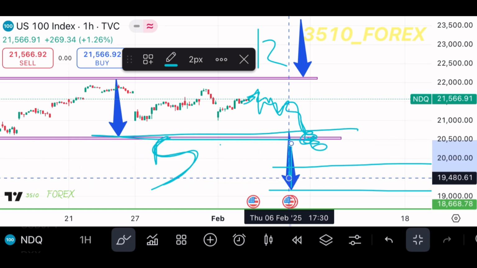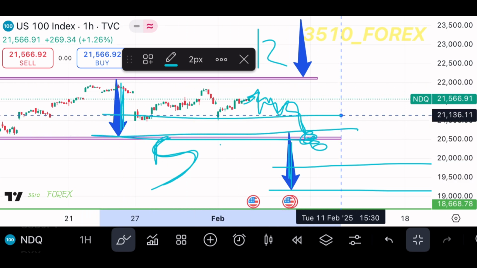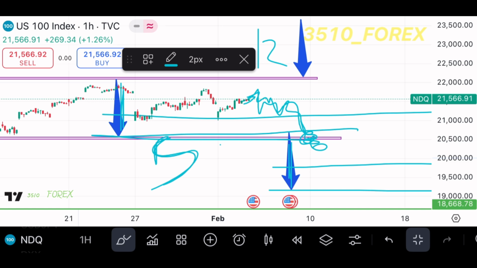So when it comes to your take profit, make sure you apply your risk management, but your take profit should be 50% of this distance that is right here. Judging from your balance, and knowing that you know how to apply risk management, I assume you will apply your risk management.